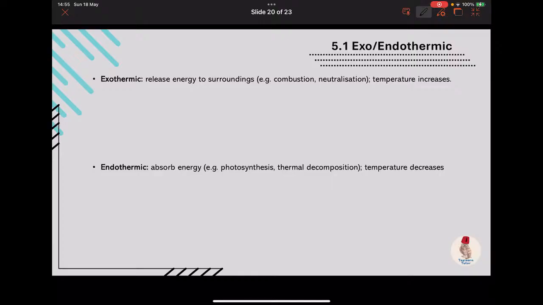Now, exothermic reactions release energy to the surroundings from, let's say, combustion or neutralization, and the temperature increases. Something you can remember is hand warmers. Now, hand warmers have an exothermic reaction which occurs inside it, and that allows energy to be released. Now, endothermic absorbs energy and takes in the energy, and the temperature hence decreases, such as photosynthesis or thermal decomposition.